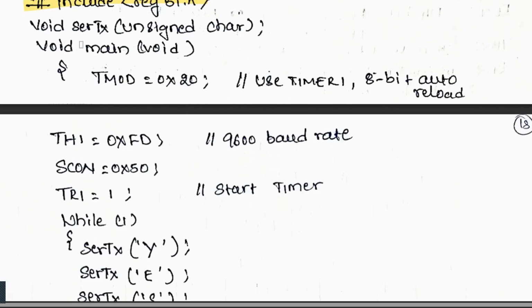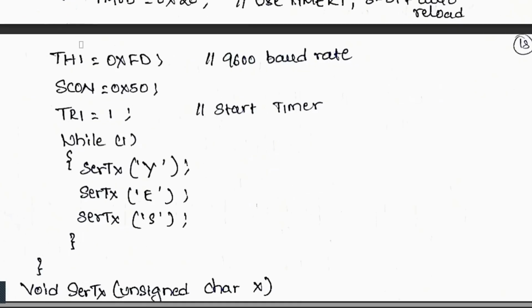TH1 is 0xFD, that is 9600 baud rate. SCON is 0x50, then TR1 is 1, that is start the timer. The while(1) loop starts, that is SerTx('Y'), SerTx('E'), SerTx('S').